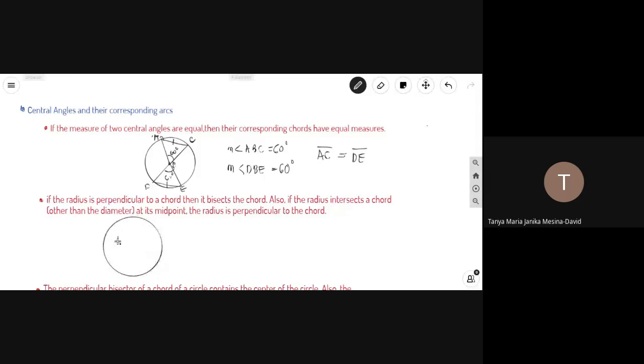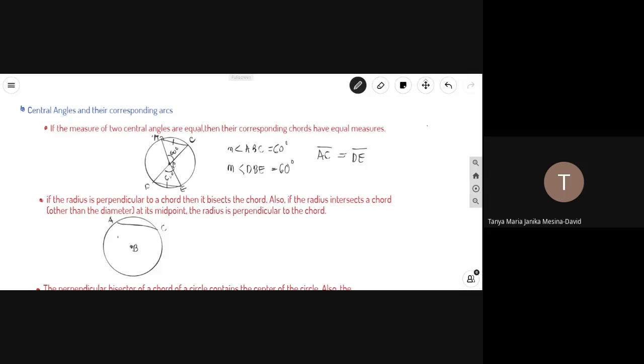Supposing we have, again, circle B, and then let us form a chord. This chord is AC.